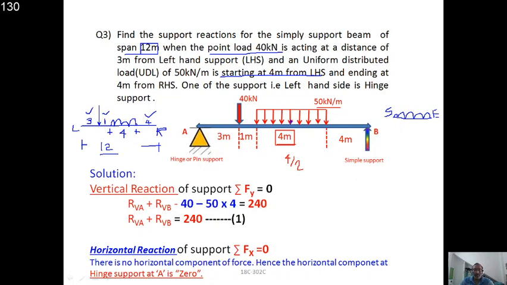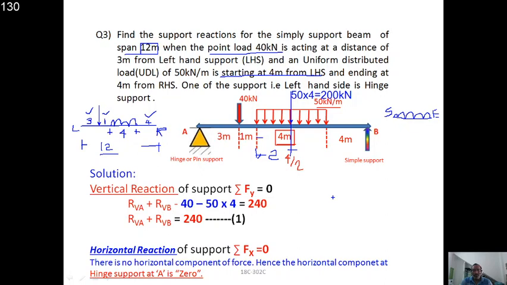Therefore, this is the UDL converted into a point load. Therefore, 50 into 4 is equal to 200 kilonewtons. You can say simply 200 kilonewtons, and it is acting at a distance of, what is the distance from this point to this point? That is 4 by 2. Therefore, it should be 2 meters. So this is the representation.